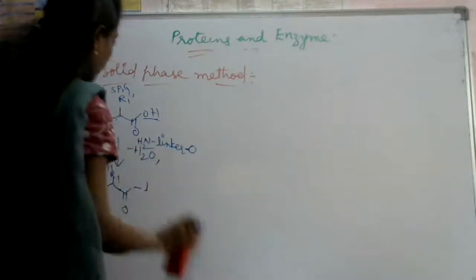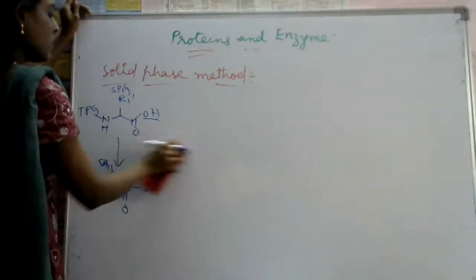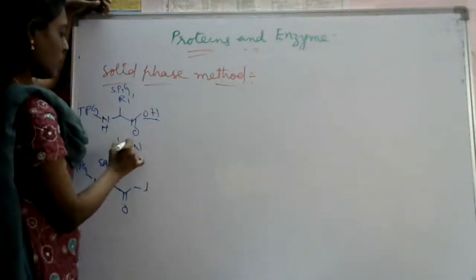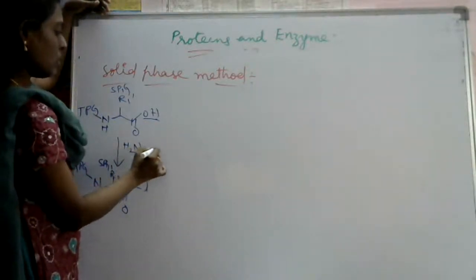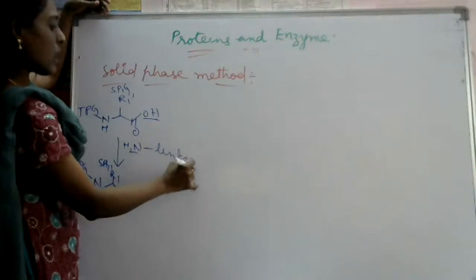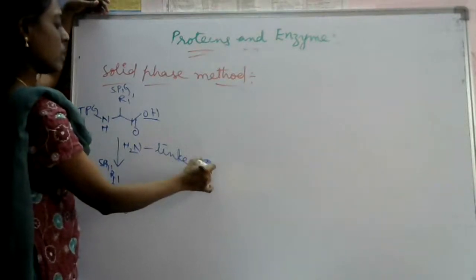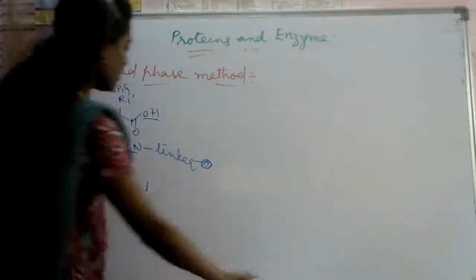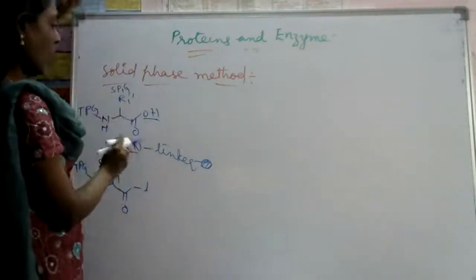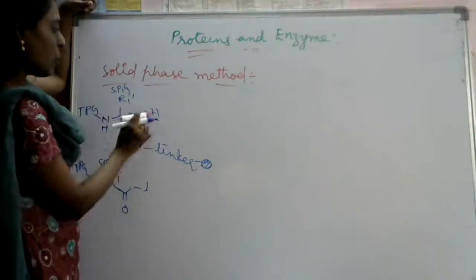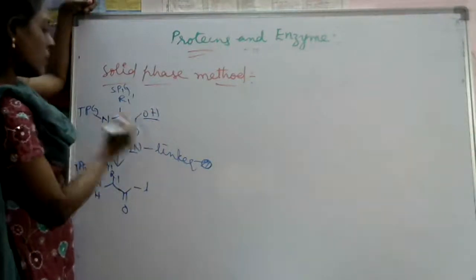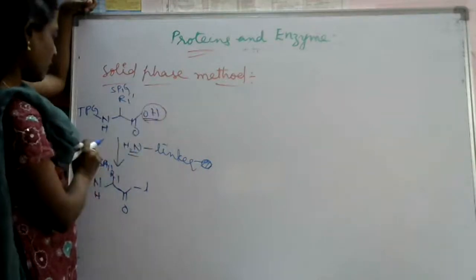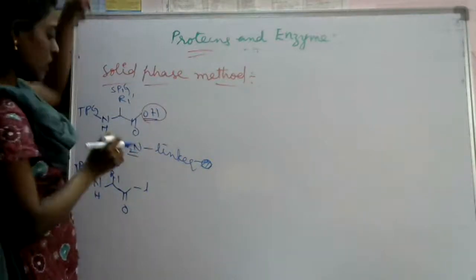What is the linker here? Linker NH2. This is a resin, and this is a linker. One of the hydrogens present in the amino group and this hydroxyl group will be removed. Thereby we remove the water molecule.